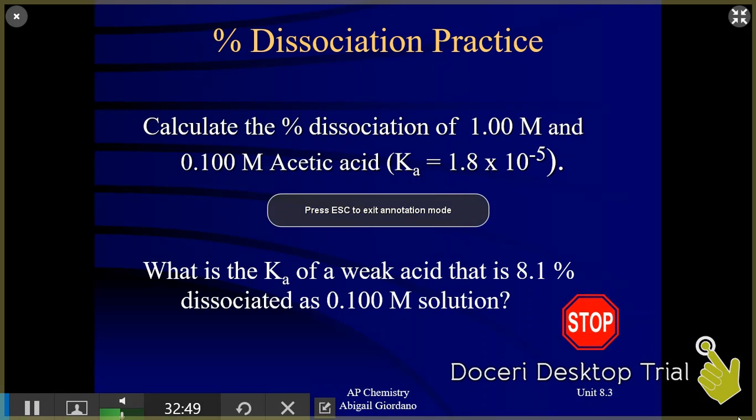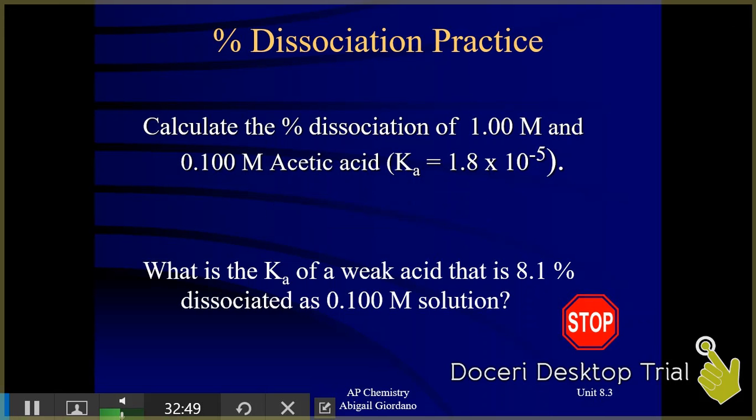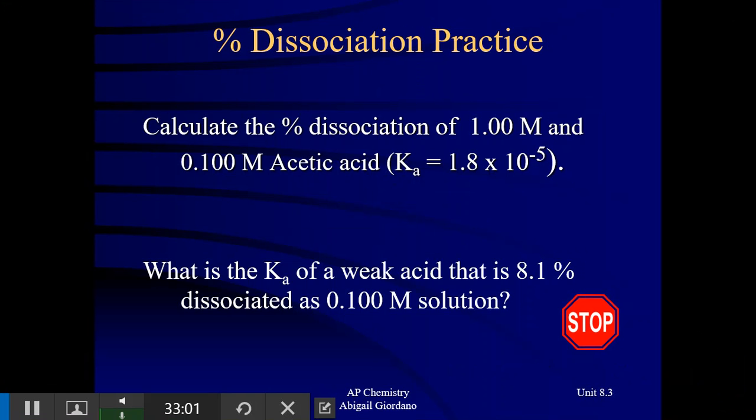I know you don't know what the acid is, so just call it HA. Set up your reaction, fill in your ice table, see if you can figure this question out. I bet you can. All right, let's check how you did. As I said, this one is a little bit backwards. So we started with an acid HA.